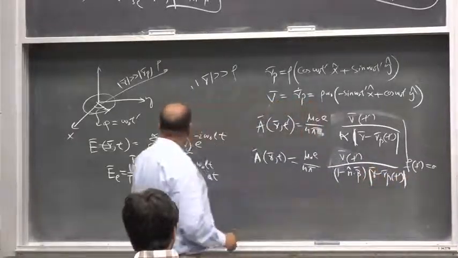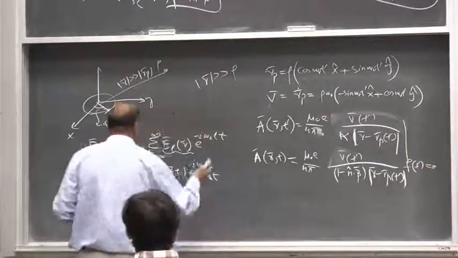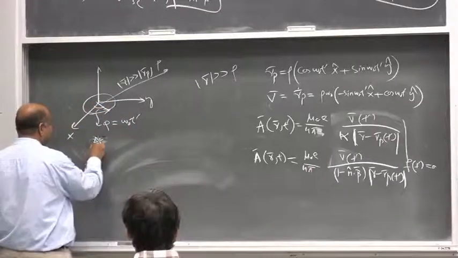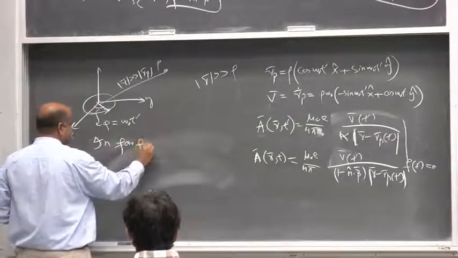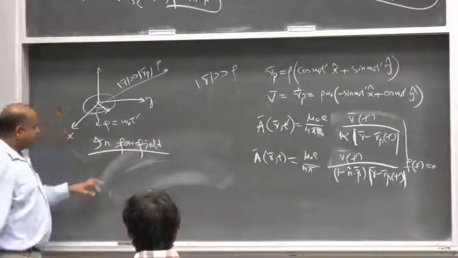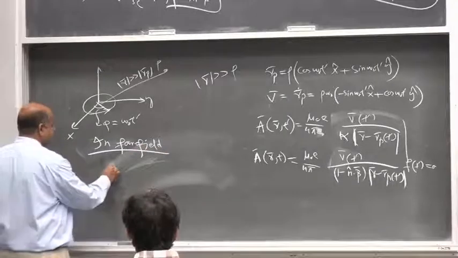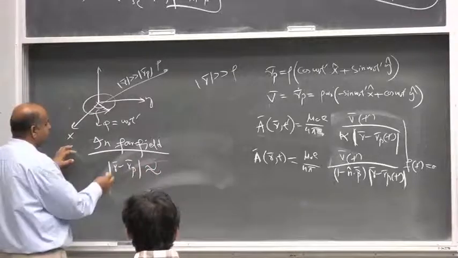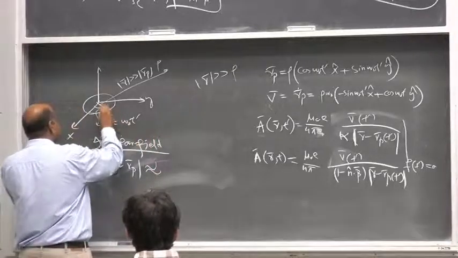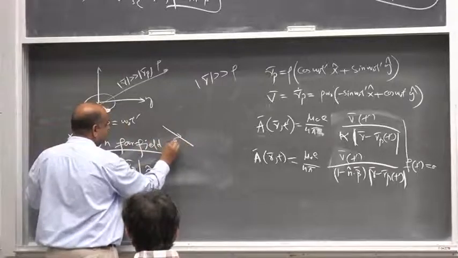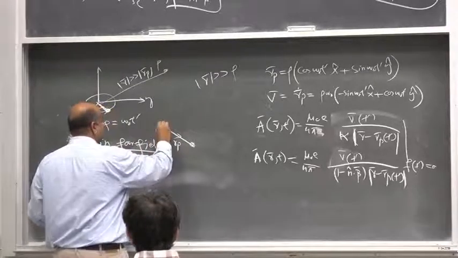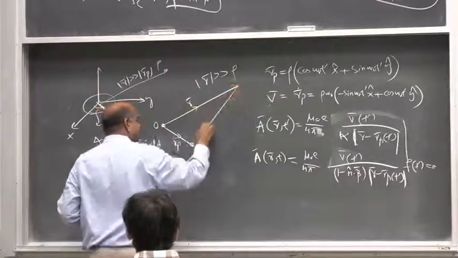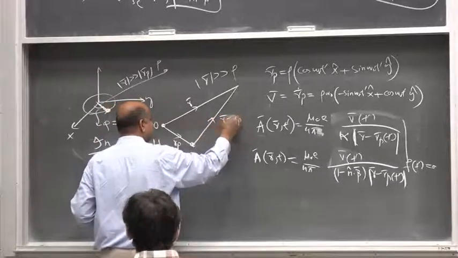Now let me do this approximation in the far field, because we are going to need it. In far field, we can approximate this quantity like this. Let me draw it here. So this is the charged particle, and this is R_P. So this is R, and let's say this is the origin. This is R, and this is R minus R_P.